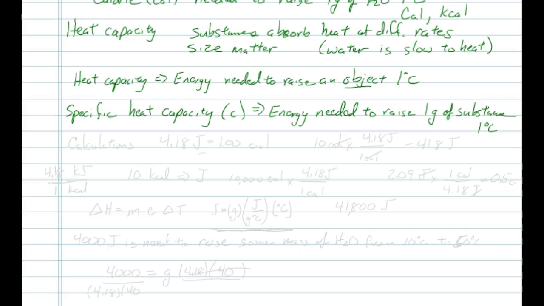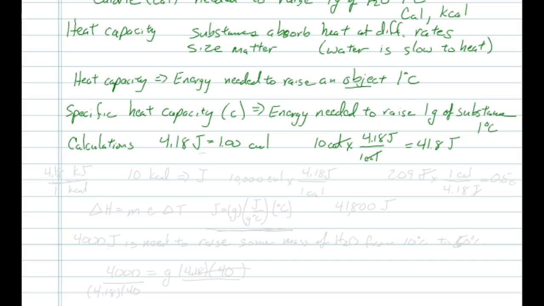Calculations. 4.18 joules is equal to 1 calorie. So if you convert from one to another, if you have 10 calories, 1 calorie on the bottom, 4.18 on top, calories cancel, 41.8 joules.